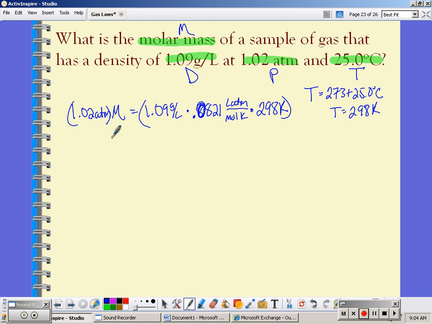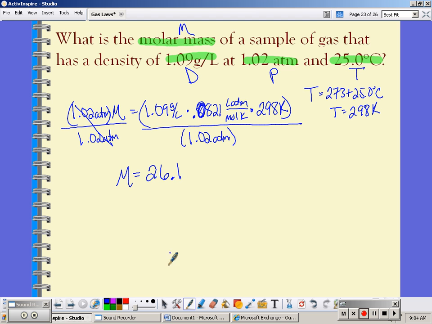To get my molar mass, we divide by the pressure. We have a molar mass of 26.1. And then again, our units, liters cancel, atm cancels, Kelvin cancels, and we're left with grams over moles.